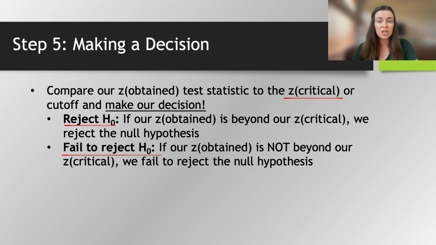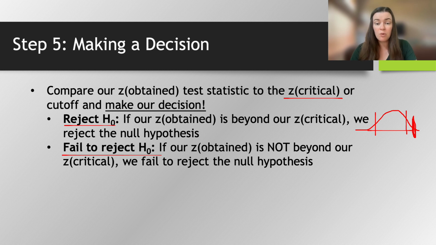Our first option is to reject the null hypothesis. So if our z obtained, meaning our test statistic, whatever we calculated in step 4, is beyond our z critical value, meaning that if we had a normal distribution and z critical values on either end, and our z obtained fell in this region here, it exceeded or fell beyond our z critical value, we reject the null hypothesis.